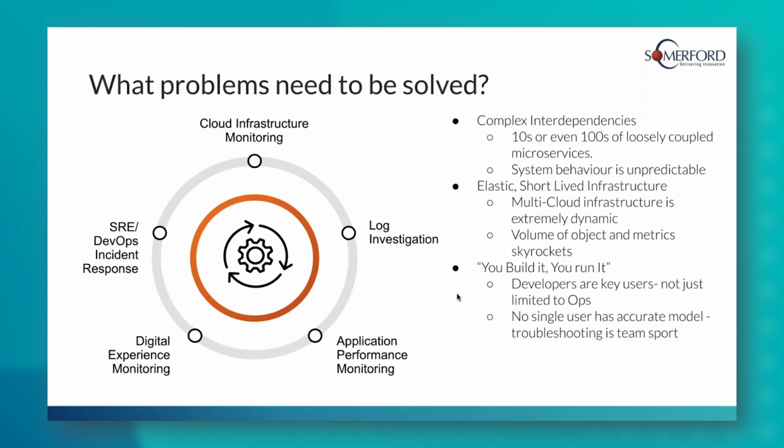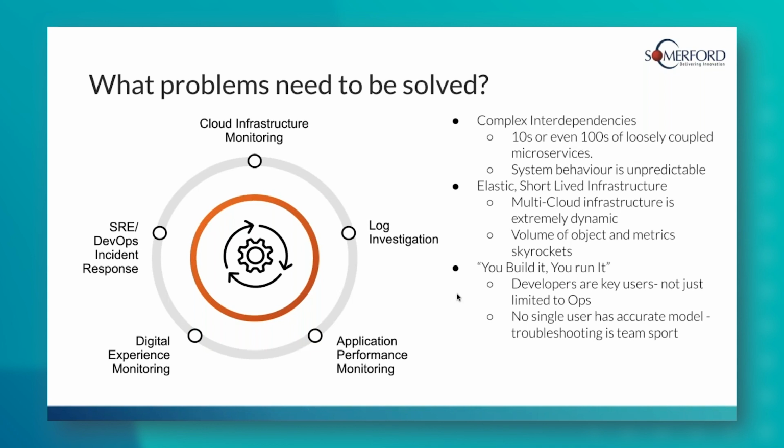And on the right, you've got all of the things that come with that. It's a complex system. Massively interdependent, tens, hundreds, even thousands of microsystems all coupled together. It's more unpredictable. It's very dynamic. As it scales, as it gets larger, it expands and expands.